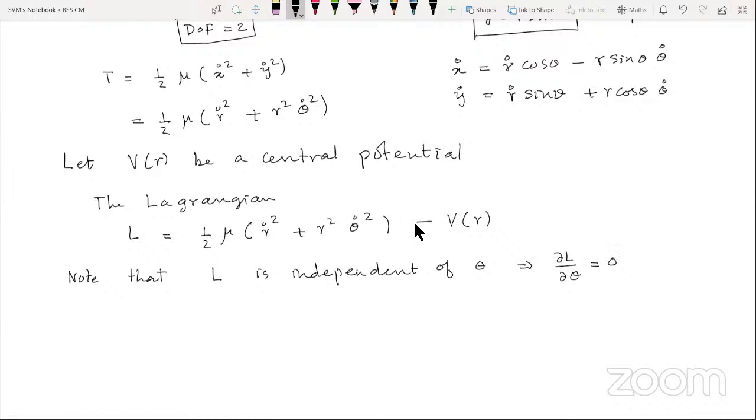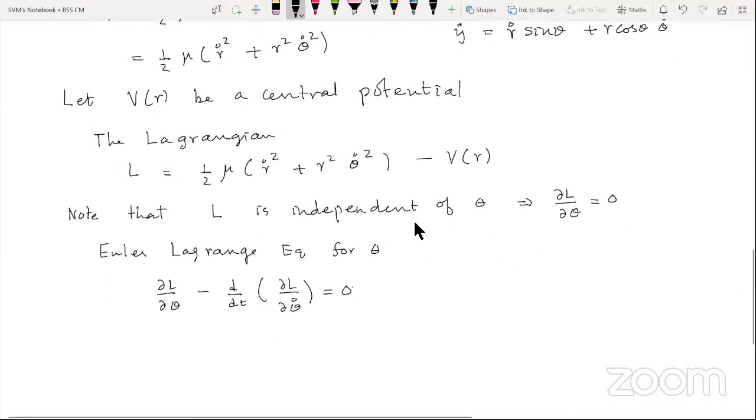If you consider the Euler-Lagrange equation for theta, you have the partial derivative of L with respect to theta minus d by dt of the partial derivative of L with respect to theta dot is equal to 0. But since L doesn't depend on theta, the first term itself is equal to 0.